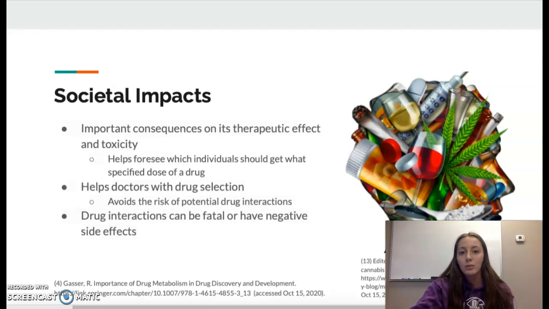This also helps doctors with drug selection, which avoids the risk of potential drug interactions. Certain drug interactions can be fatal or have negative side effects. An example of this would be cannabis or weed and alcohol mixed together. So I will go through more of that later in the presentation.